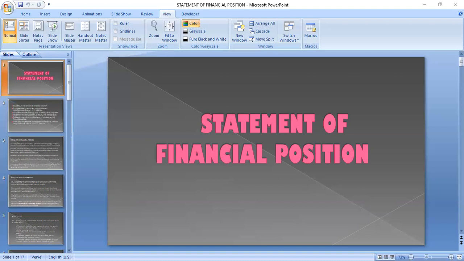Now we have the line items in the statement of financial position. The statement shall include the following line items: one, cash and cash equivalents; financial assets, other than those in 1, 3, and 6. So we have now trade and other receivables, inventories, property, plant, and equipment, investment in associates using the equity method.